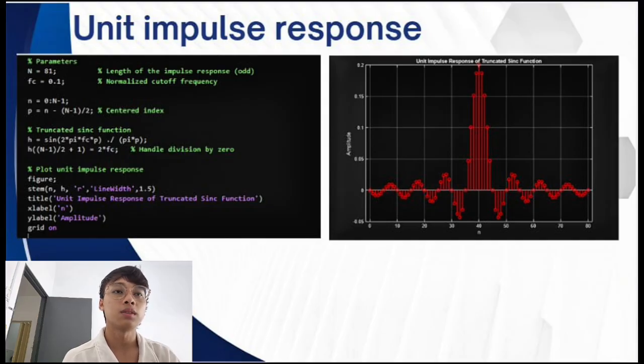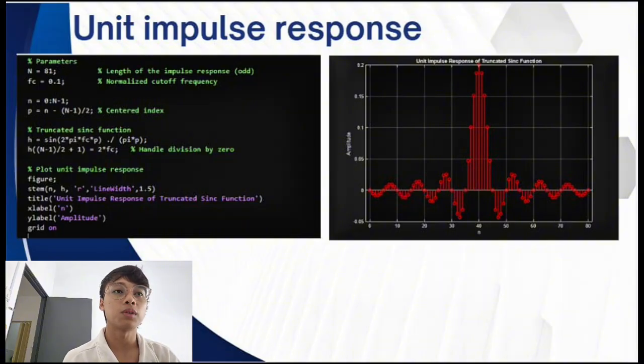Next, for the truncated sinc function, h equal to sin(2 pi fc p) divided by (pi multiplied by p). And h at (n minus 1) divided by 2 plus 1 equals 2 times fc. This is to handle division by 0.